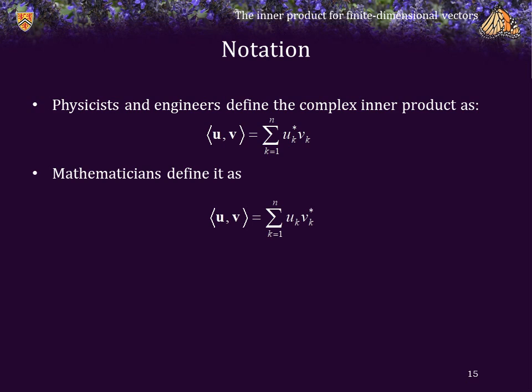For whatever reason, a lot of mathematicians define the inner product for complex vectors as having the second vector being conjugated. It really doesn't matter because where it does count, that is, when the inner product is 0, both give the same result.